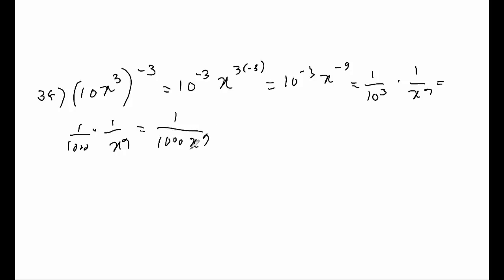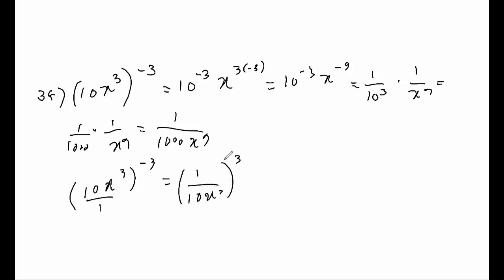Another way to do this, as I showed before, is to recognize, again with the exponent rules, 10x cubed to the negative 3, that I can just make that positive by recognizing that this really is something over 1, so that if I turn it over, I'll get 10x cubed, and this will be to the third, and then I will continue.